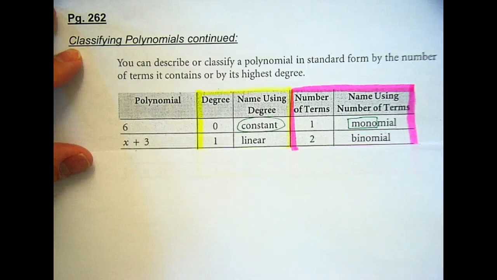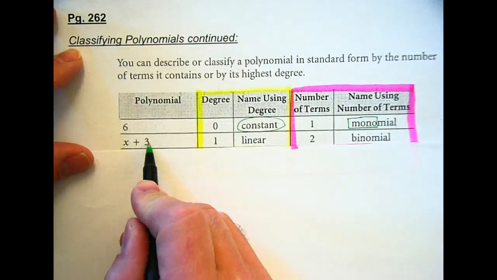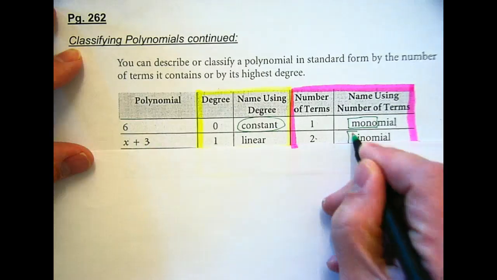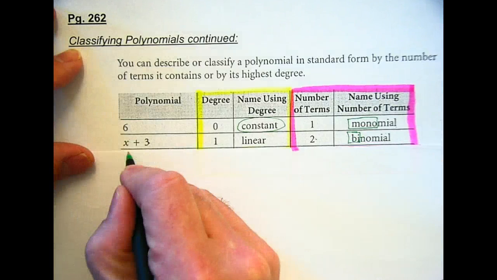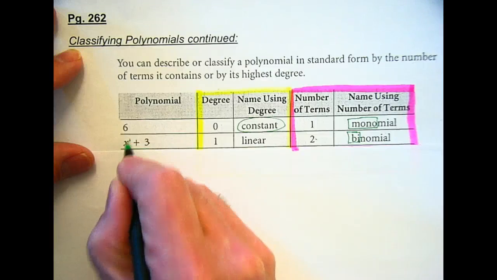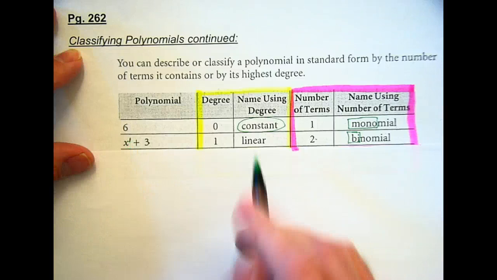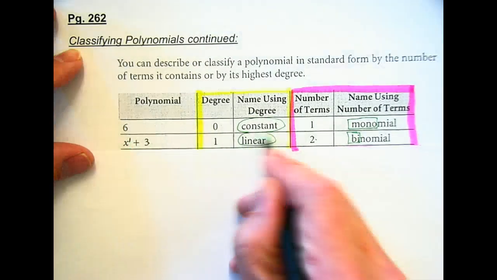Whereas since there are 2 terms here, there's an addition sign in between, so 1, 2 terms, it's called a binomial, bi meaning 2. If you don't see a power, it's 1. Since its highest degree is 1, x to the first, we call that linear. Once again, we want to use these terms.